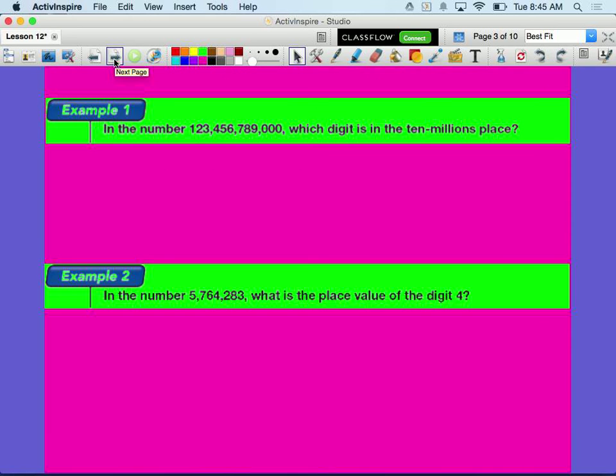So in the number 1, 2, 3, 4, 5, 6, 7, 8, 9, 0, 0, 0, which digit is in the 10 millions place? So what you're going to want to do is start on the right of the number and just work your way to the left. Okay?